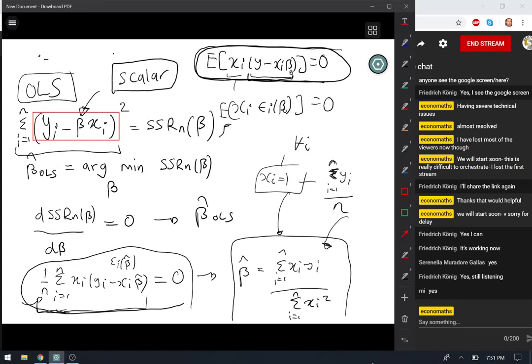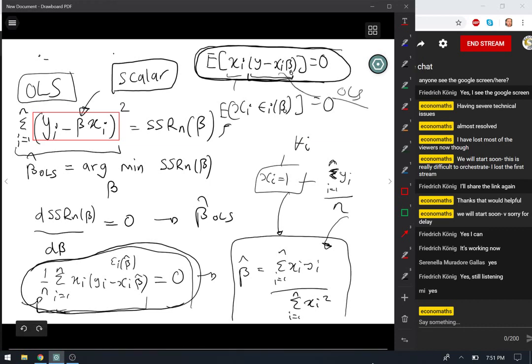And of course, to estimate beta naught, we just solve the sample version. Another way of seeing this is the OLS assumption, the key one to get consistency. If this holds at the true parameter beta naught, assume that we've included all the confounding factors and there's no bias, and that this exogeneity condition holds, well then we can solve for beta hat in our sample by solving the sample version.